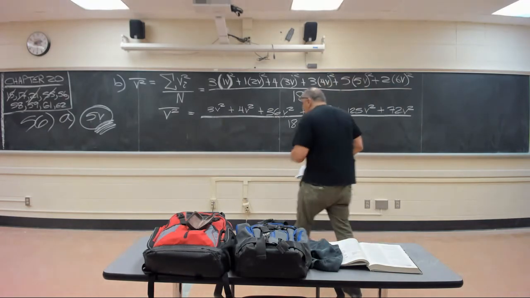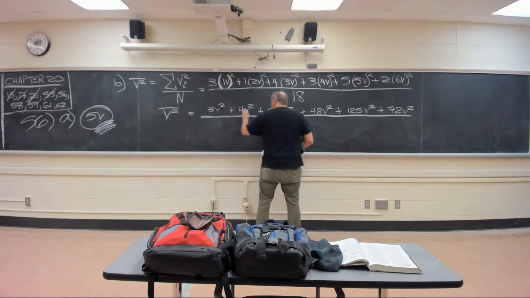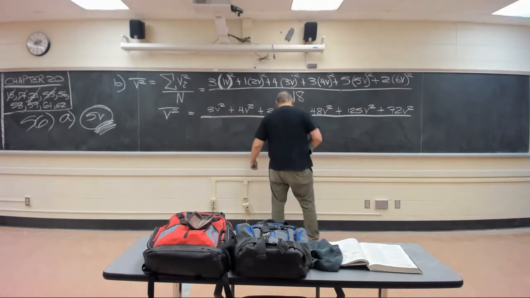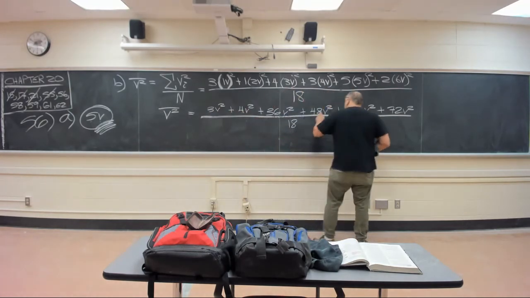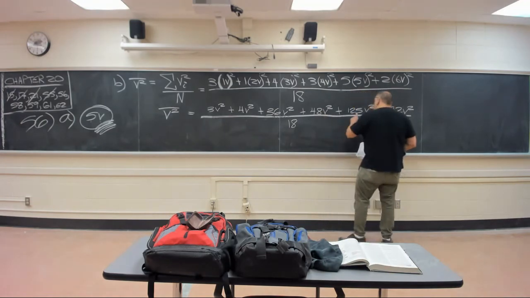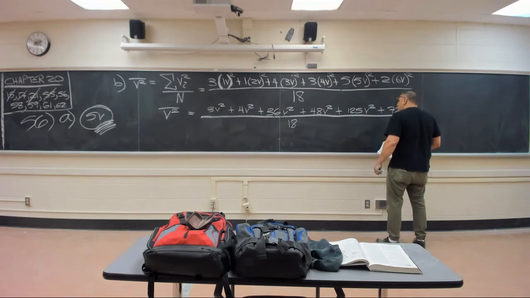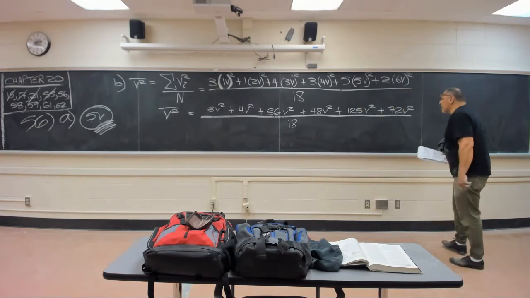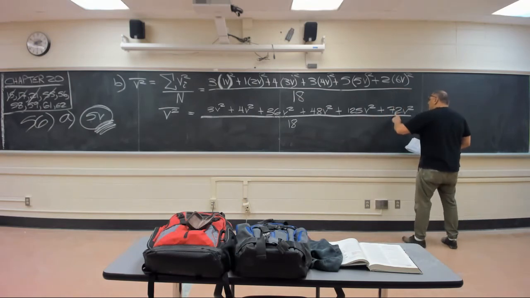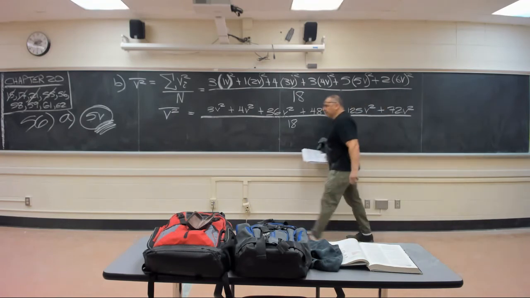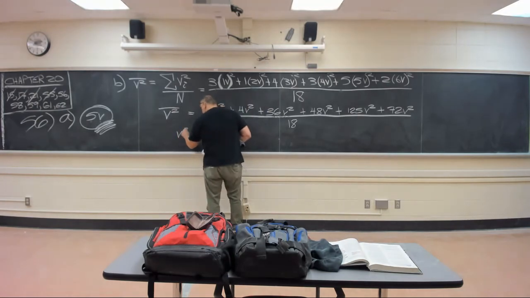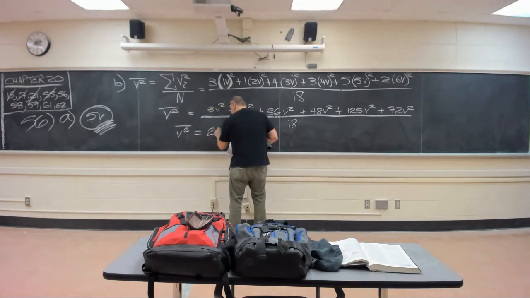Then just have the v squared at the end. 3 plus 4 is 7, plus 36 is 43, plus 48 is 91, plus 125 is 216. 216 plus 72, 288.